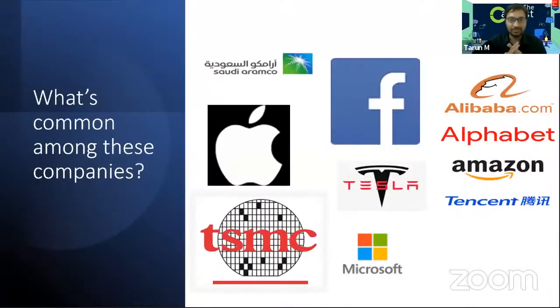So these companies are product-based companies, but the topmost common thing among all of these is that they are the world's top 10 companies by market cap, which means they are the most valuable companies on this planet. Having said that, there's another common theme, which is, as most of you said, they are product-based companies, and at least 7 to 8 of these are platform businesses.